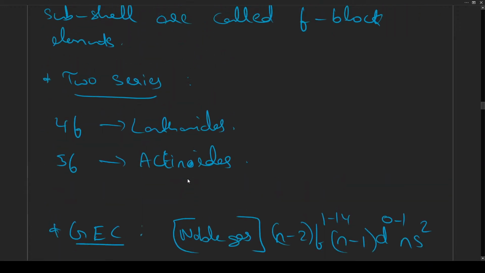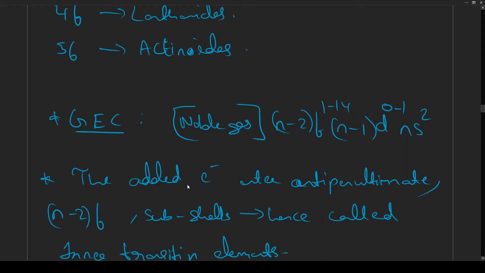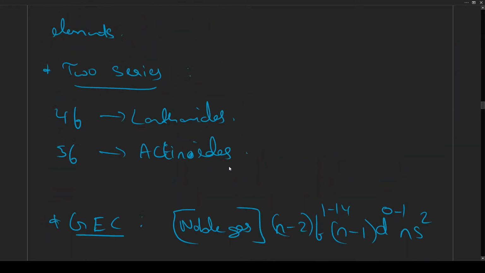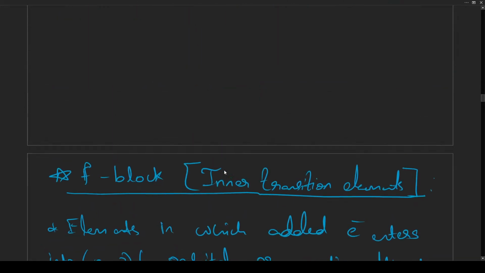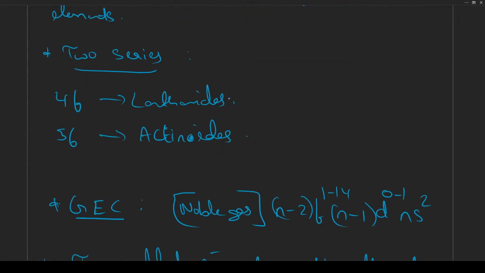These are the main characteristics. As for names, the lanthanides start from cerium 58 to lutetium 71.